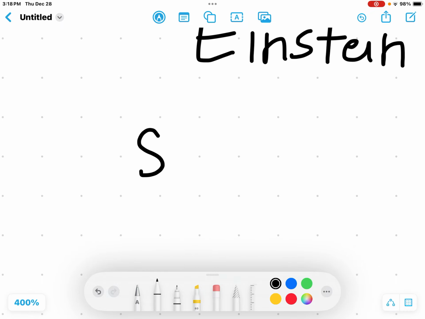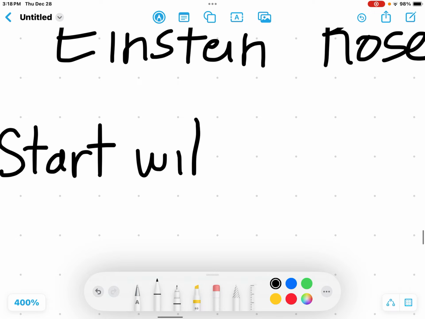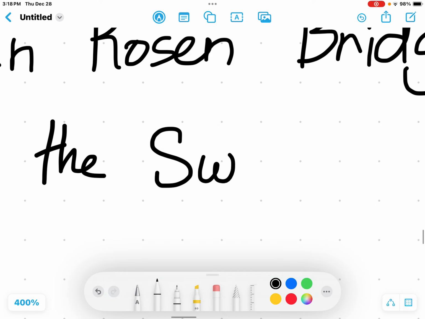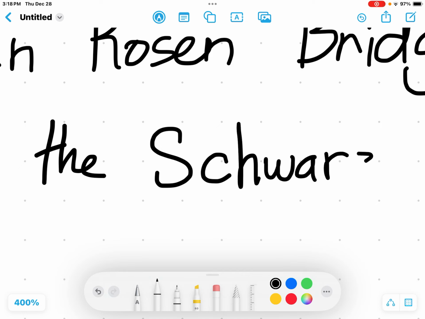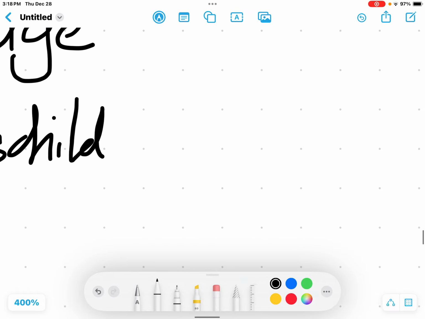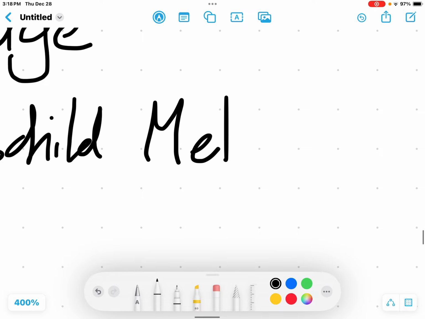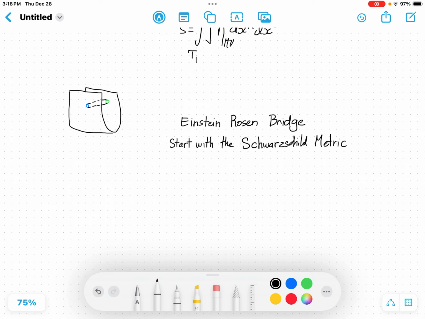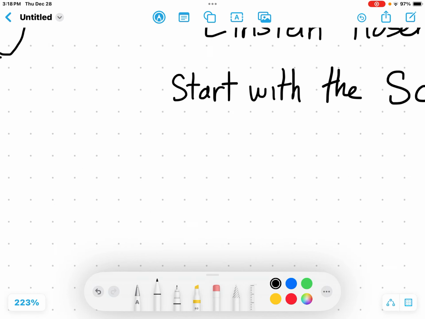So start with the Schwarzschild metric. Okay. So what's the substitution we're going to make? Well, we're going to set u squared.